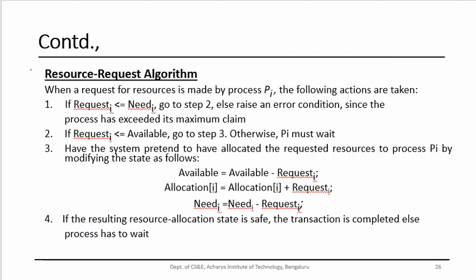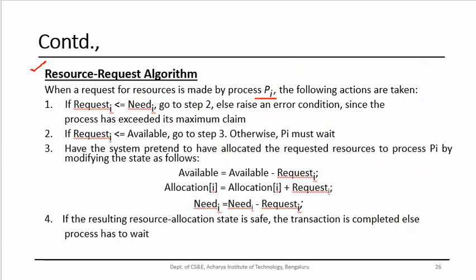Now that we have learned the safety algorithm, it is going to be used by the resource request algorithm. When a request for resources is made by, let's say, process Pi, the following actions are taken. What is the first action?